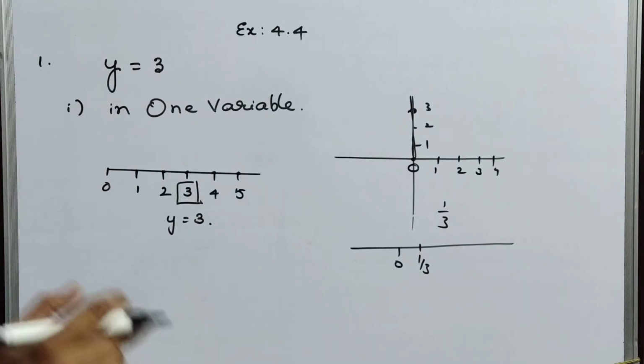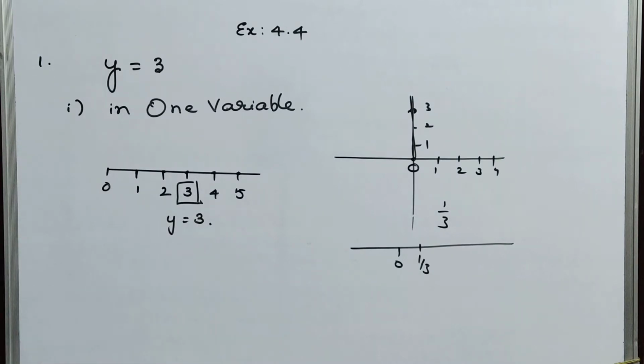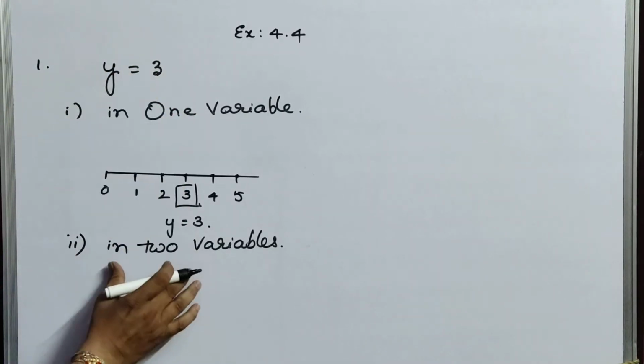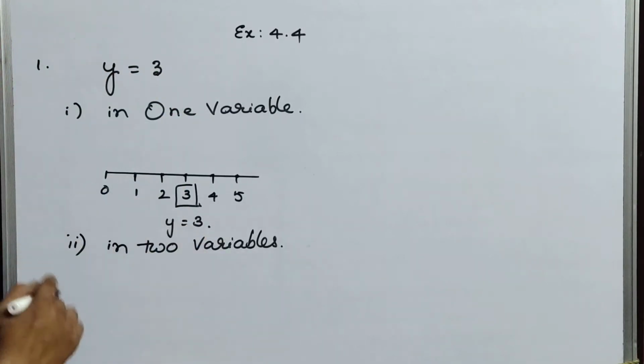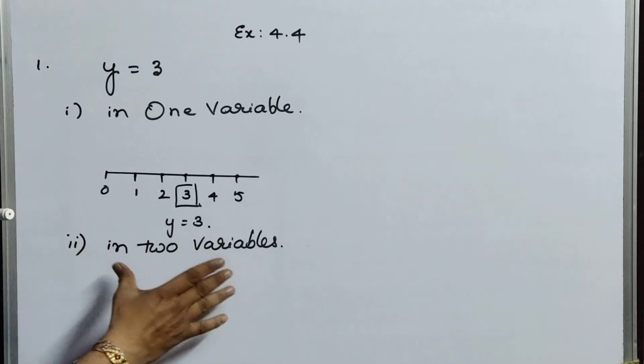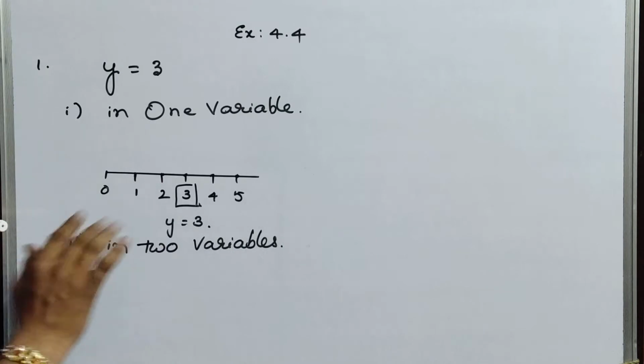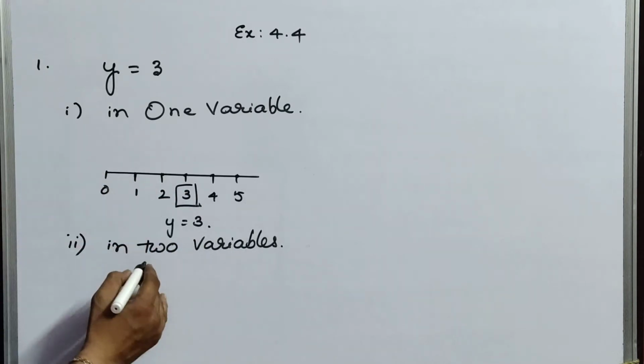Now coming to two variables, listen very carefully. It's very interesting. Children, in two variables, the same question y equals 3. First, in two variables you have to frame the equation first. You all know the standard form.